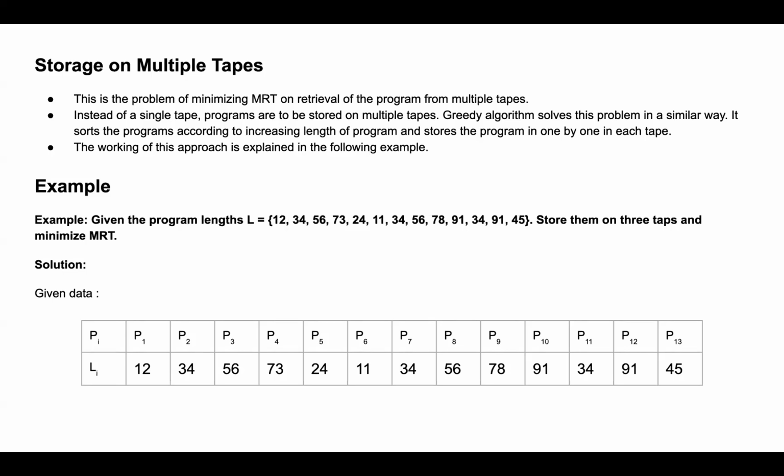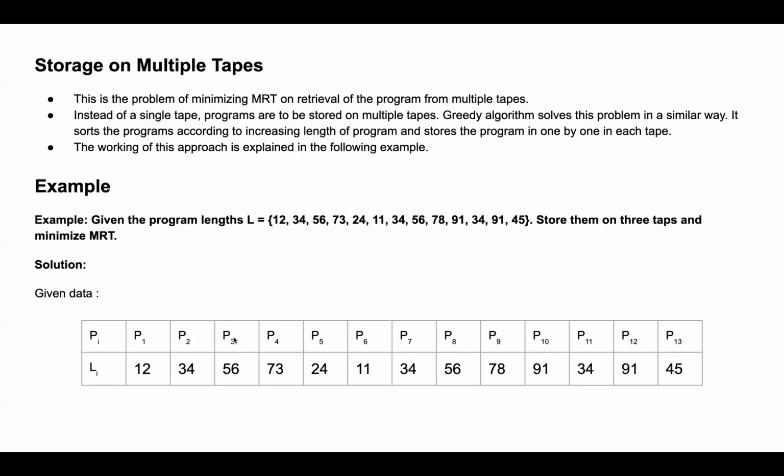The same process is followed for multiple tapes. The programs are arranged in such a way that small length programs are at the first place, the order gets increased and the largest program is at the last place.